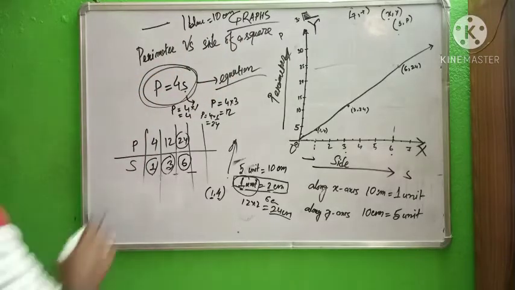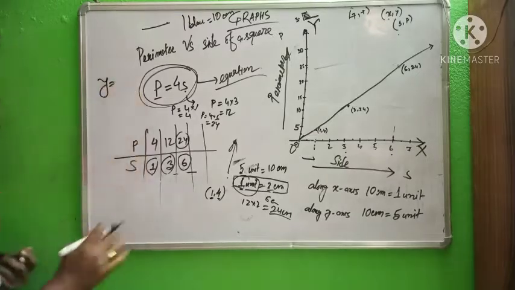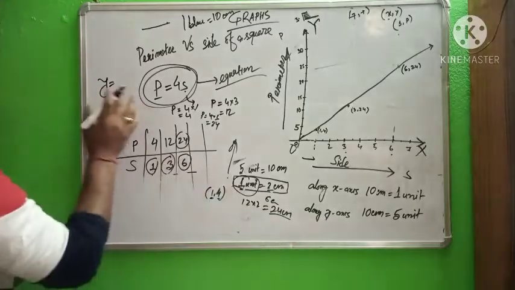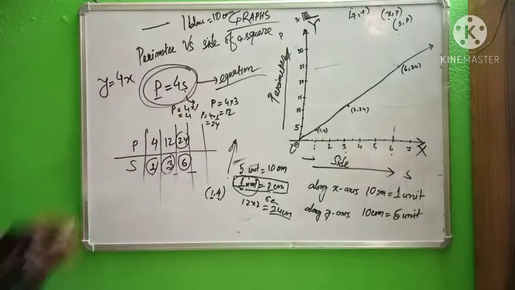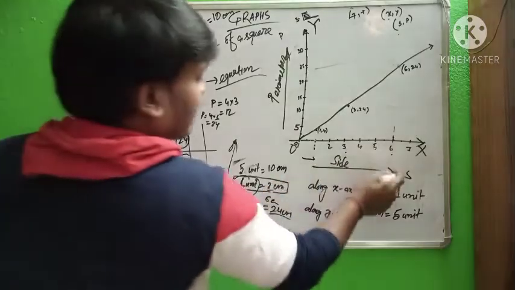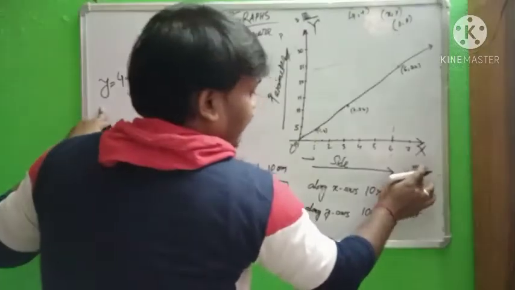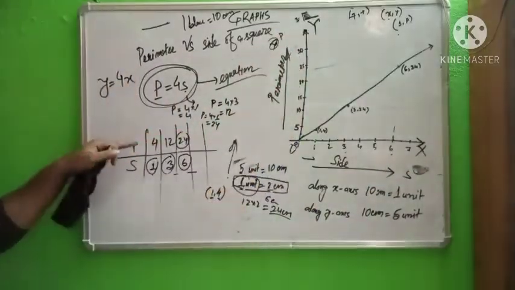Now if it is given in this way, draw a graph for the equation y equal to 4x. The same thing happens here. Along the x axis we will take the value of x, along the y axis we will take the value of y.